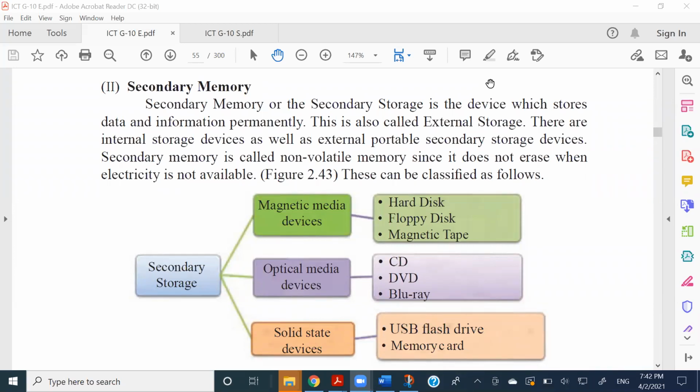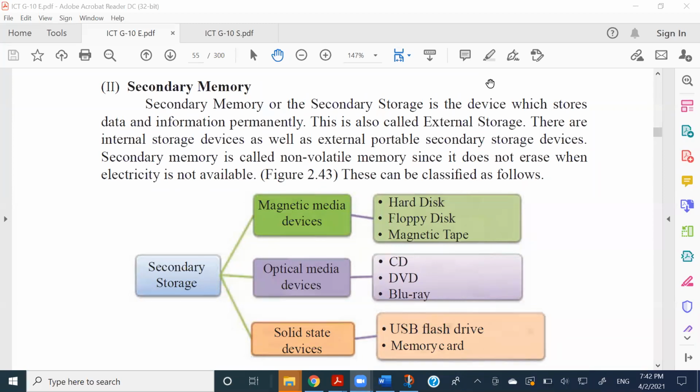Magnetic media means they use magnetism to store the data inside these devices, right? So the traditional hard disk, I'll tell you why I say traditional hard disk. And there is something called a floppy disk, which is a very low capacity component.